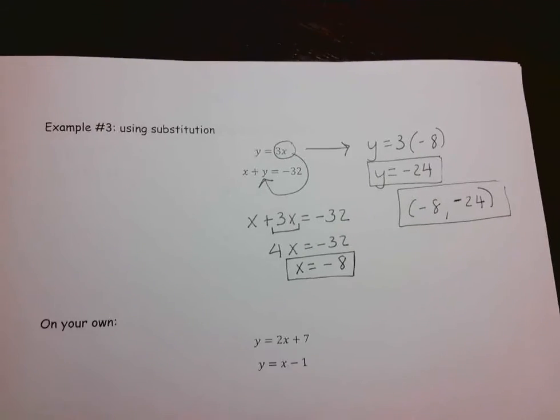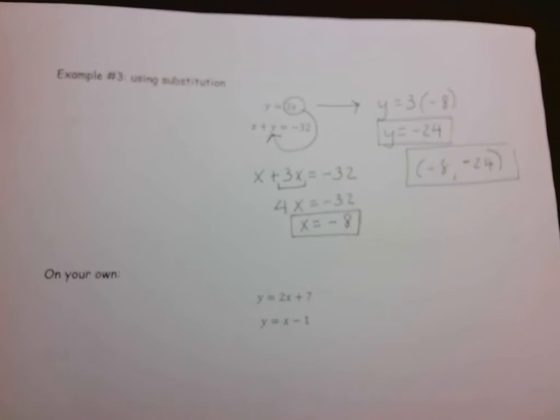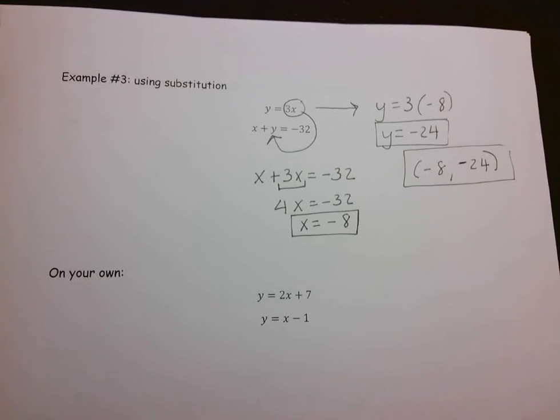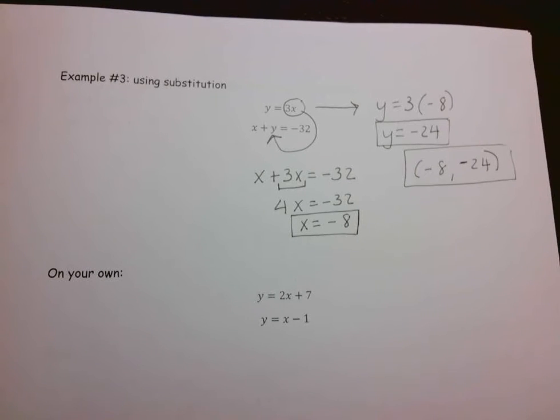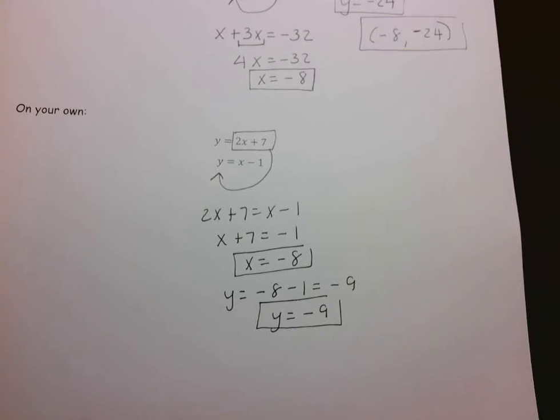So go ahead and hit pause and work out this one on your own. And here's your answer. X is -8 and y equals -9. So the xy coordinate that will make both of these equations true is going to be -8, -9.